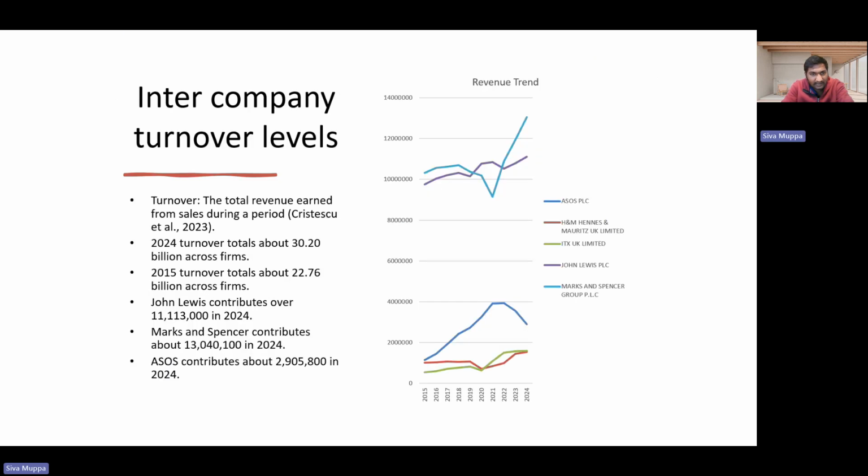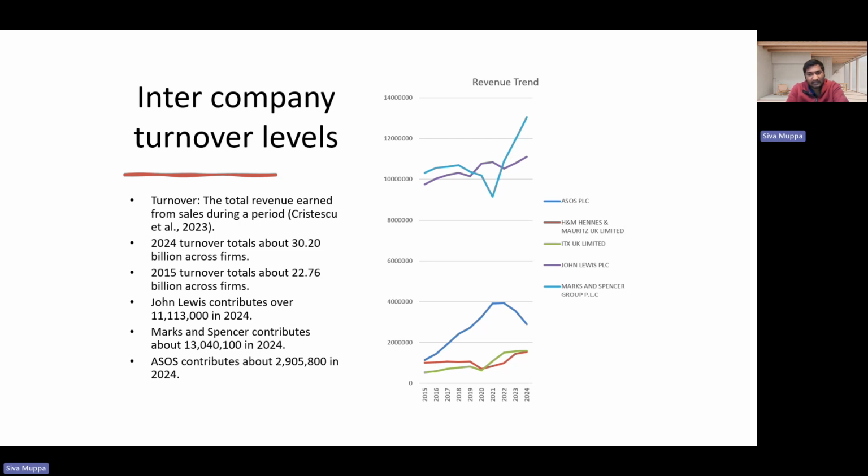Coming to the next slide, it's about intercompany turnover levels. Turnover is total revenue earned from the sales during a period. The aggregate turnover increases from approximately 22.76 billion in 2015 to 30.20 billion in 2024.